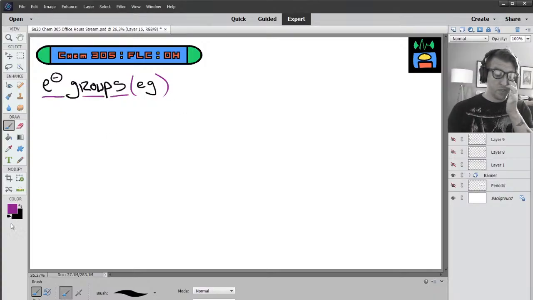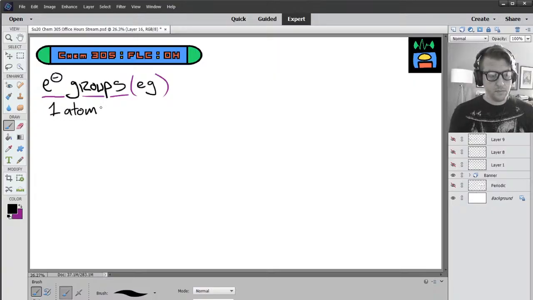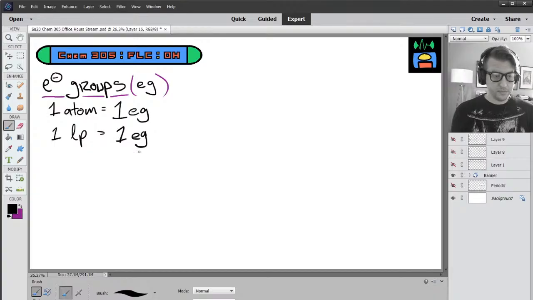All right, so there are 2 things that count as a group of electrons around your central atom. One atom is 1 electron group, and 1 lone pair equals 1 electron group.